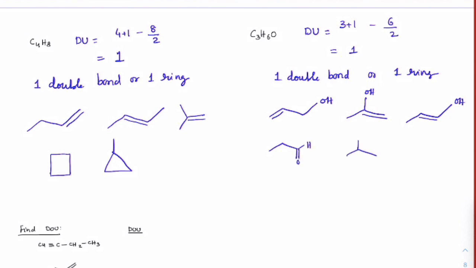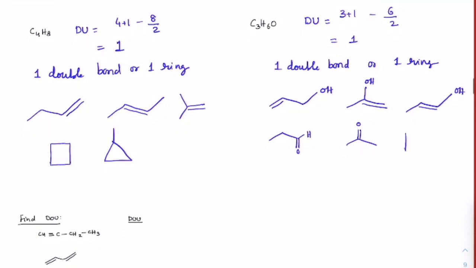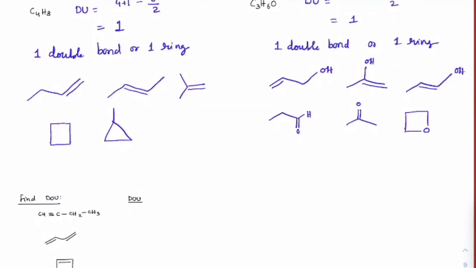I can have a double bond O here. I can make a cyclic structure like this, 4-membered. I can make a 3-membered cyclic structure with OH like this. I can make another cyclic structure like this, with oxygen and a methyl group here.